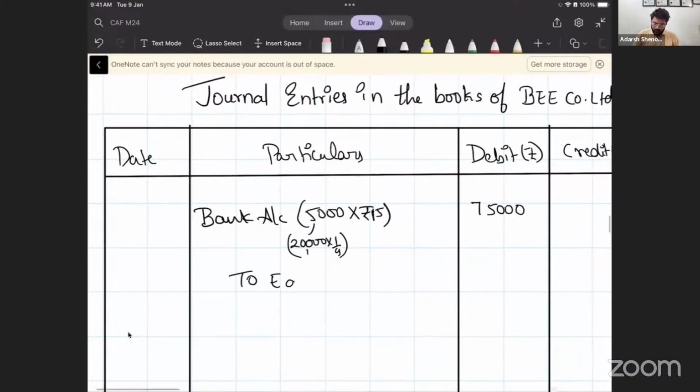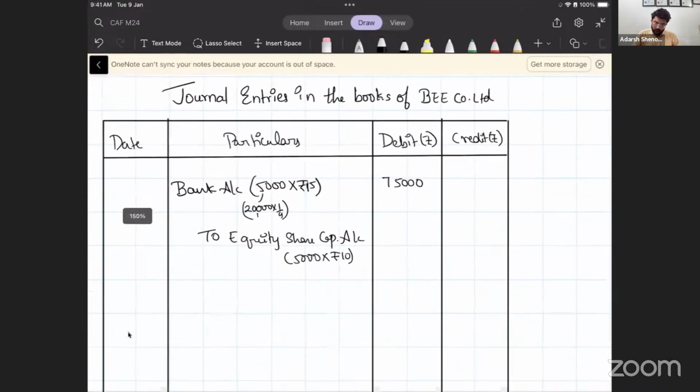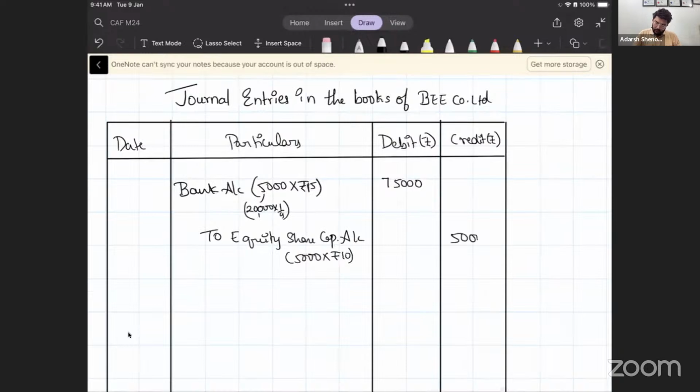To equity share capital, I'm directly passing one single entry. Equity share capital, 5,000 into 10. This is the face value being transferred to the capital account, 50,000. The securities premium will be credited to the securities premium account. 5,000 into rupees 5, which is 25,000.